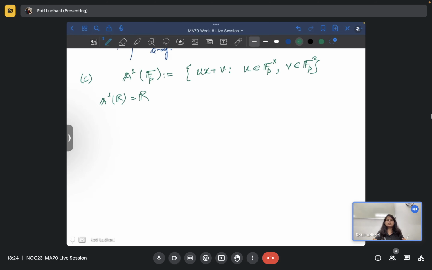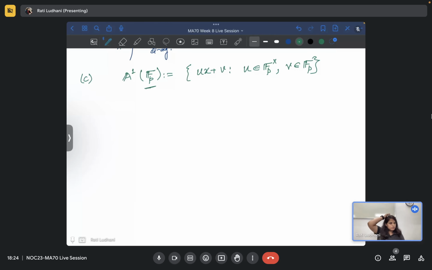It's just a set of real numbers. There is no structure on R, no topology or group structure. It's just a collection of numbers. Similarly, in a finite set we have this.